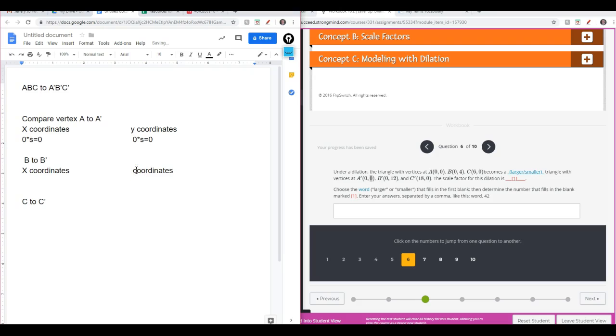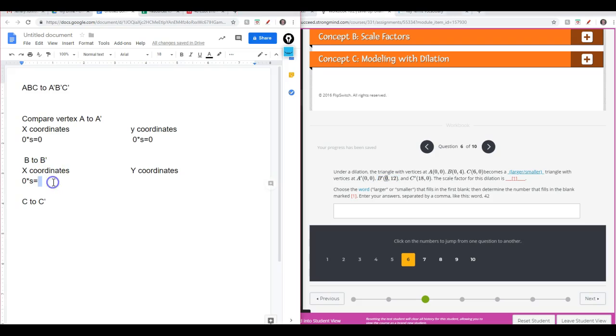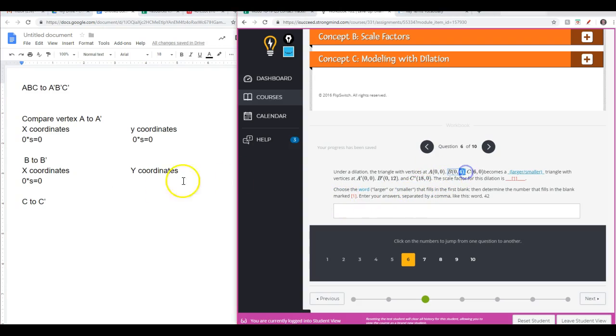So let's move on to B and B prime's coordinates. B's X coordinate is 0 times our scale factor has to equal B prime's X coordinate, which is 0. So I still am not getting anywhere yet. B's Y coordinate is 4.